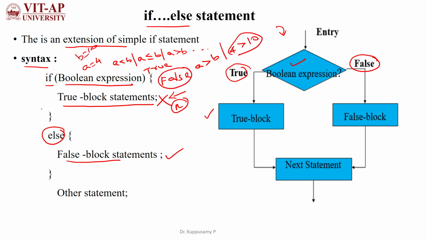Then the true block will not execute, and the false block statements will execute. Once the false block is executed, it comes out of the curly braces, and the other statements execute after this block. So once the true block or false block, based upon the condition, is executed, the next statement will execute.